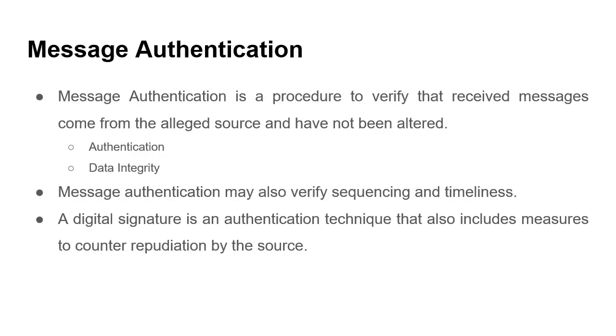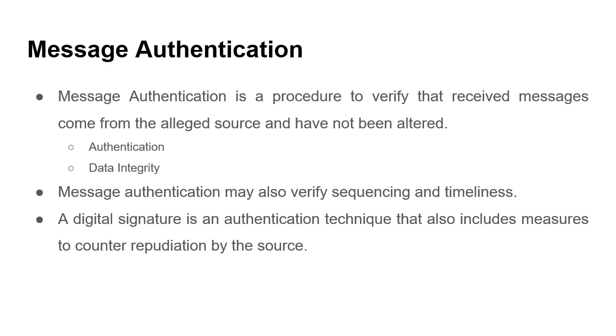Now we have to know what message authentication is, because this unit widely talks about it. What do you mean by authentication? It is a procedure to verify that a received message comes from an authorized person, and it also ensures that in the meanwhile the message has not been altered by anyone.